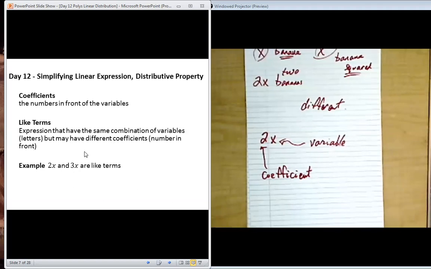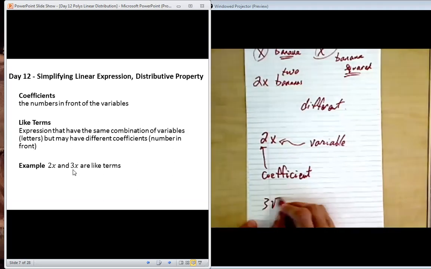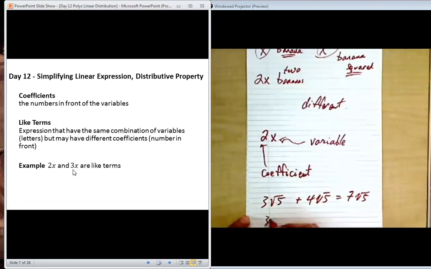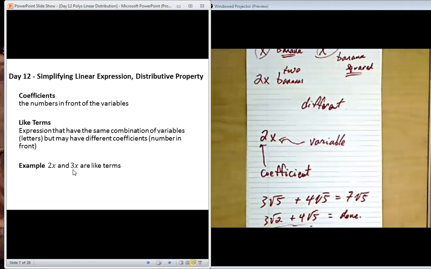Then we just keep track of the numbers in front, just like we did with radicals. Do you remember that? When they're the same, we can combine them. When we have a root 5 and a root 5, we can combine those together. However, if we have a root 2 and a root 5, done. No more. Nothing else to do.